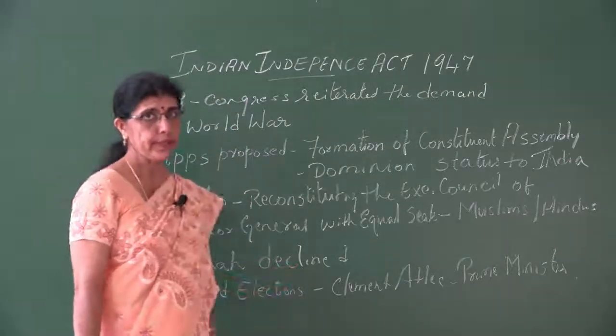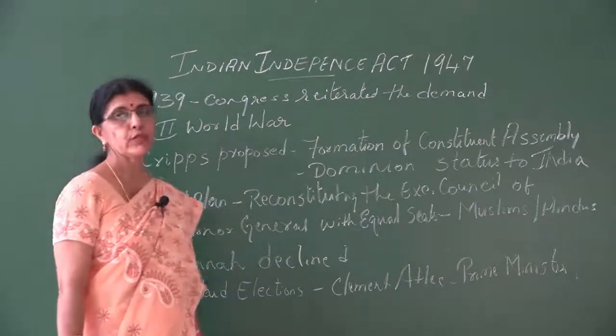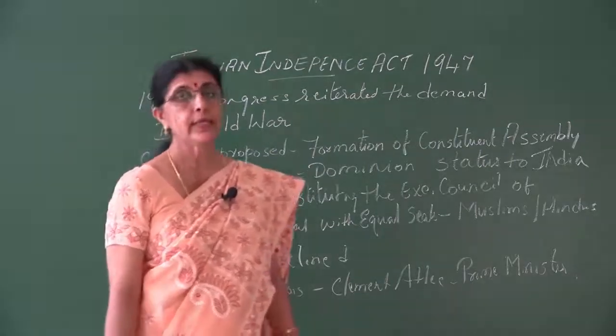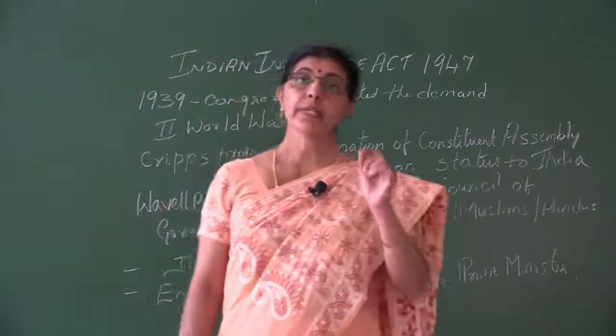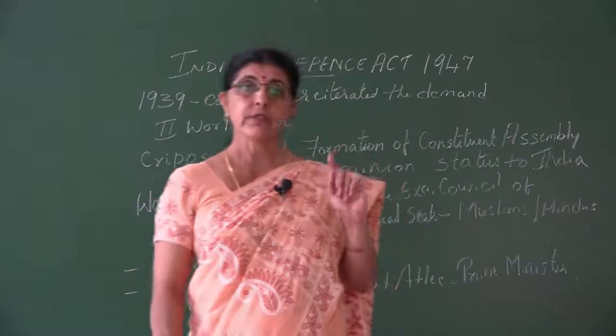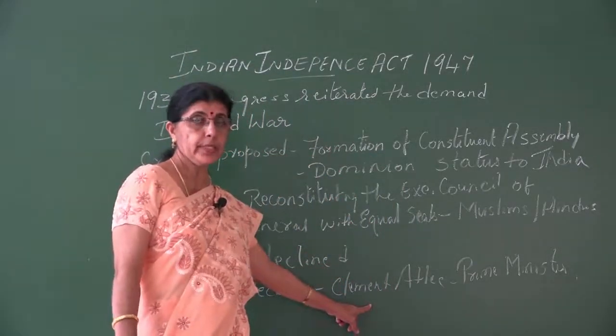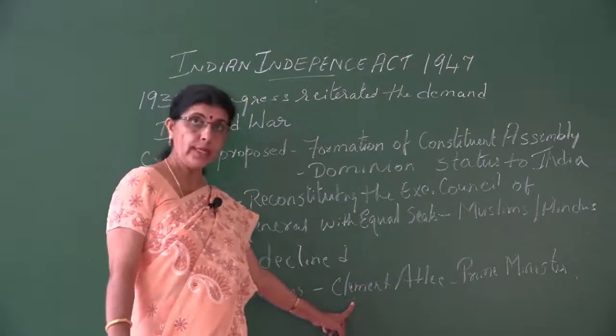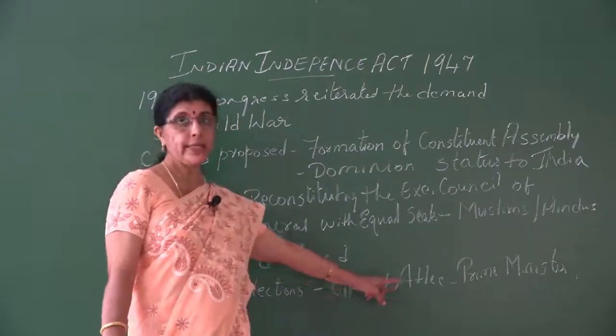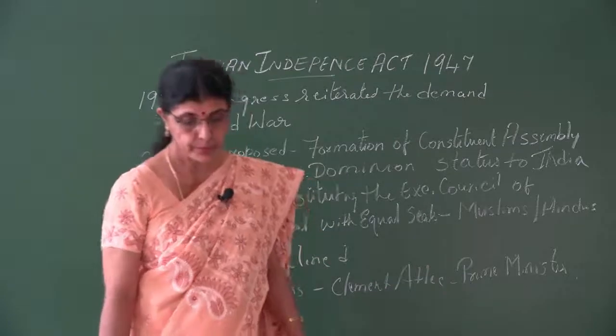During that period, in England, elections took place, and in that elections, the Labour Party won. In the Labour Party, the person who won the elections was Clement Attlee, and he became the Prime Minister.